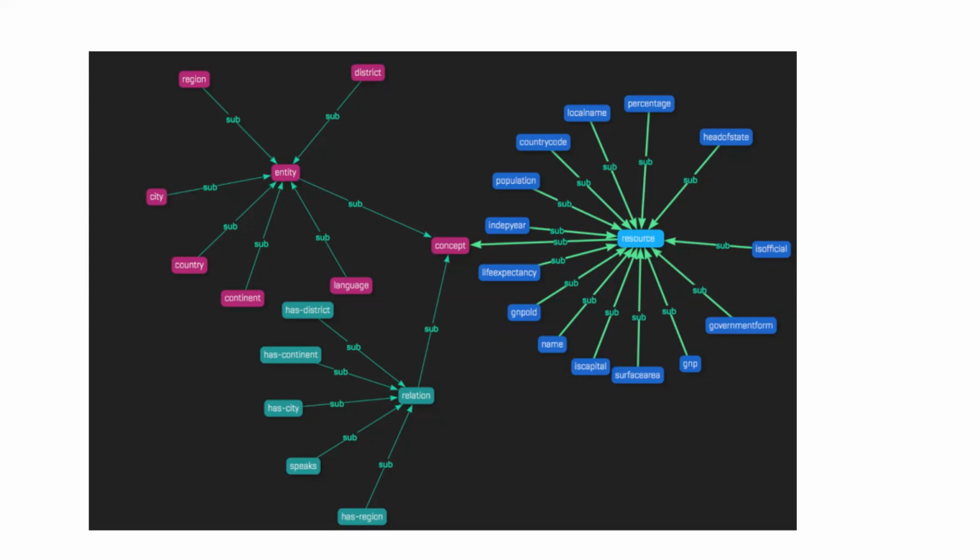And by semantics, I mean the meaning of the data can be easily encoded alongside the data itself. In contrast, a knowledge graph is self-descriptive, or simply put, it provides a single place to find the data and understand what it's all about, right?